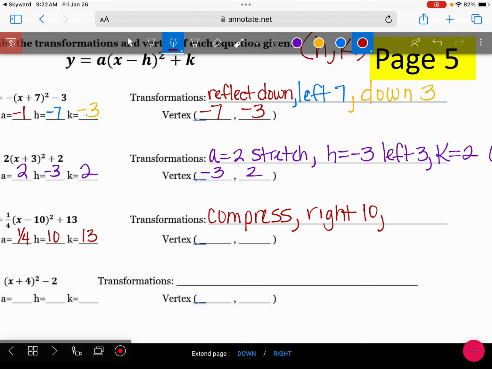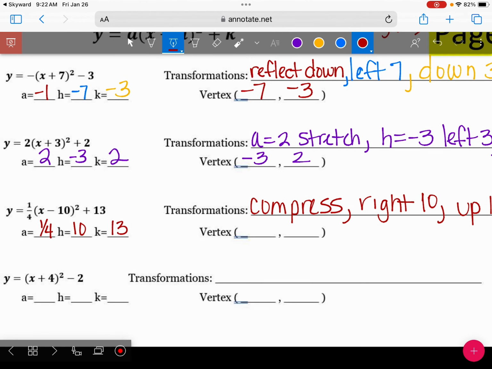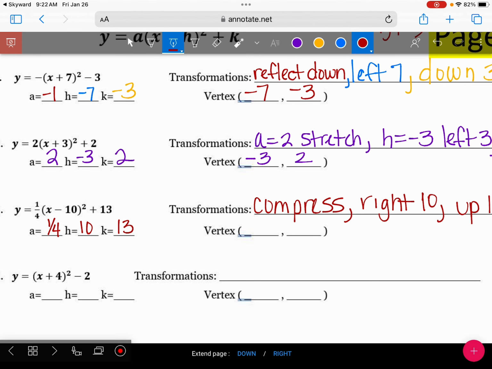And then Stacy, because K is 13, what is that going to make the graph do? Up 13. So your vertex is at H and K, so my vertex is at 10, 13. All right, try to do number 4 by yourself. Find your A, H, and K, and I'm going to pick 3 people to help me fill in my transformations.